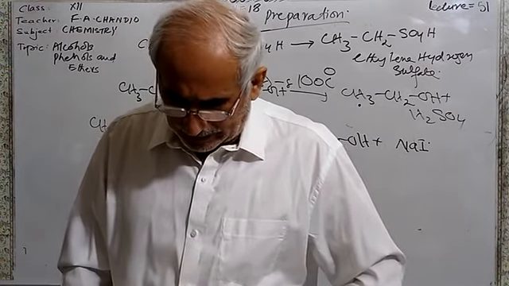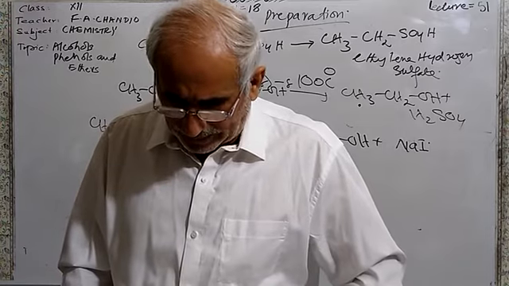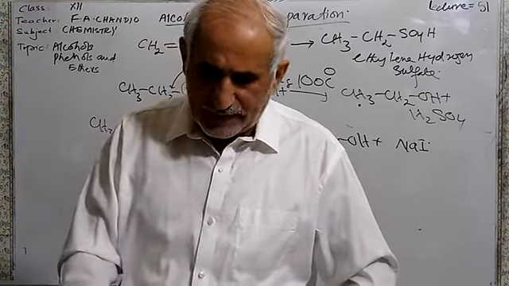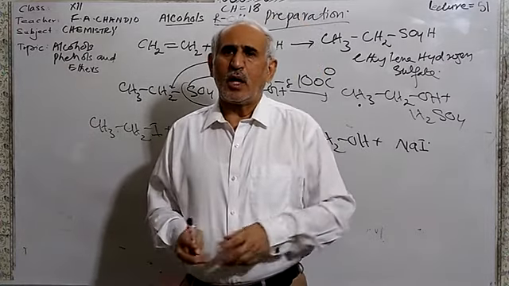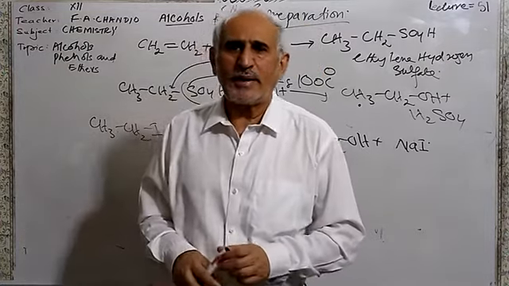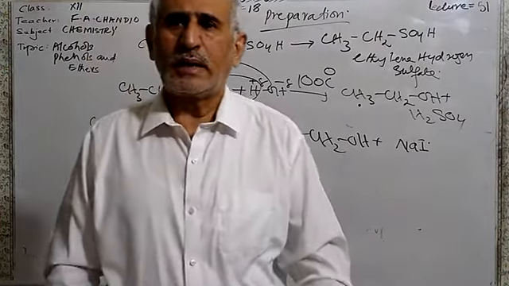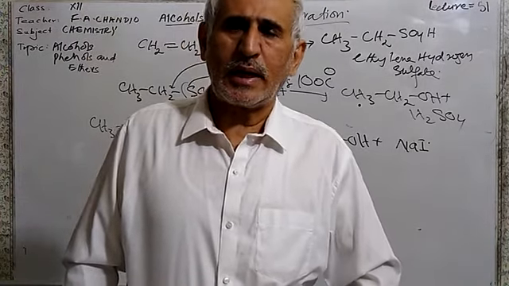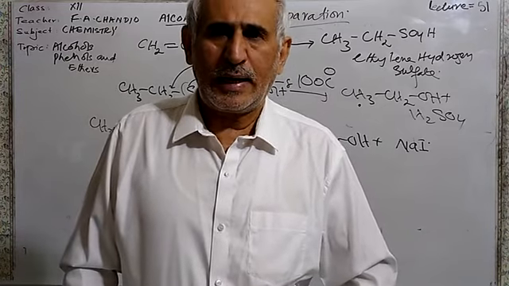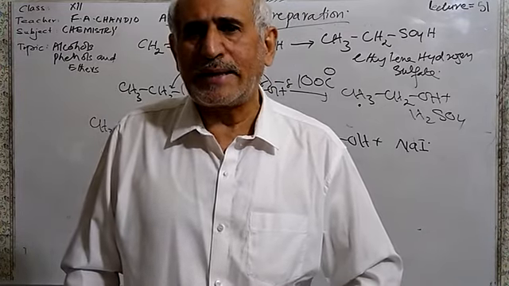Dear students, this is again repetition, and I am not going to repeat it. In the previous chapter, we covered the organometallic compounds, which are Grignard reagents, alkyl magnesium halides or lithium halides.